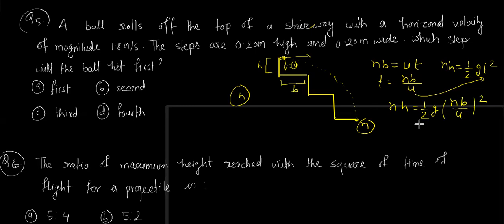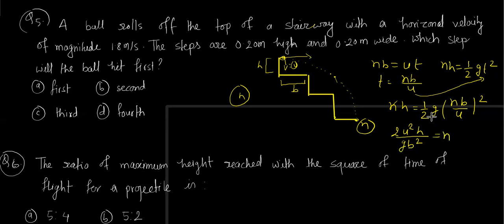On solving all of these, we'll get the expression for n, because we can cancel n with its square, and here it will be 2 u square h by g b square.